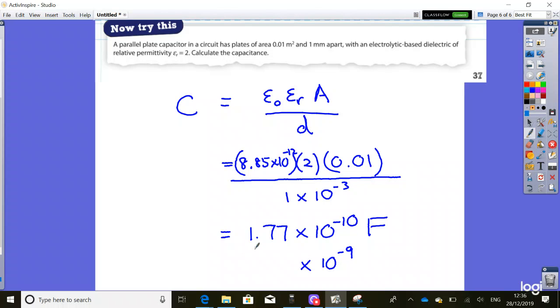If you make that bigger, you've got to make the number smaller, so that's 0.177 nanofarad. Actually, it's picofarad, which is minus 12, so make the exponent smaller by 3 places and the number bigger. We usually do that to get the standard form so that it fits into nano and pico. Okay, so just double checking if the answer indicates true.